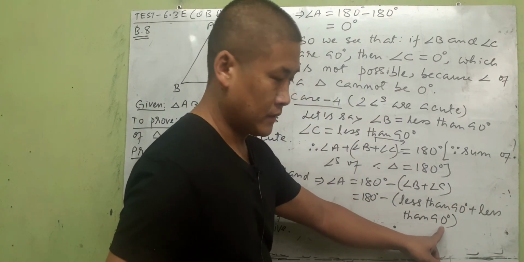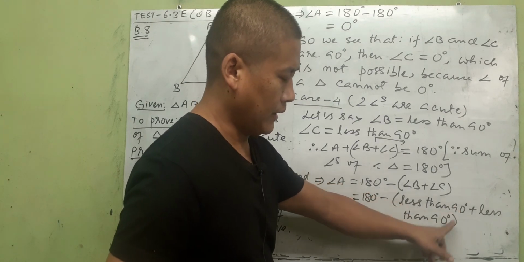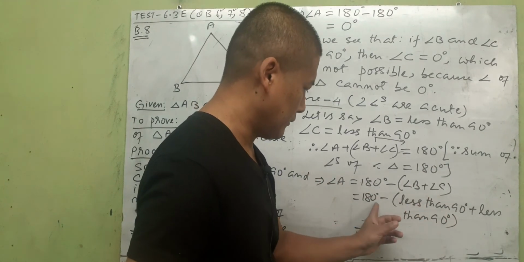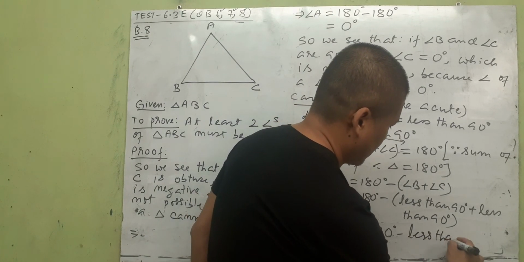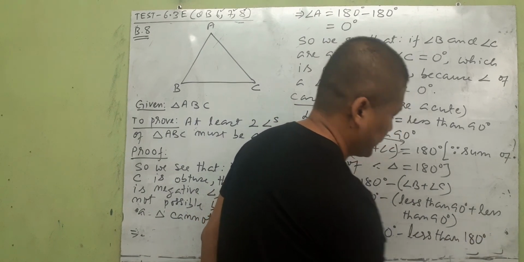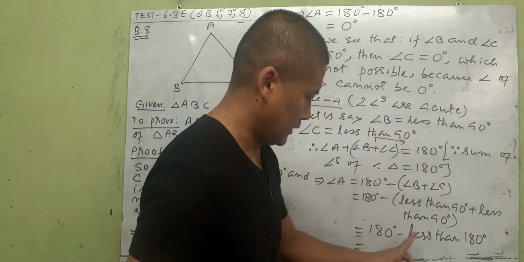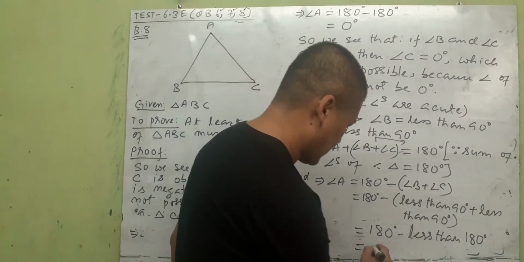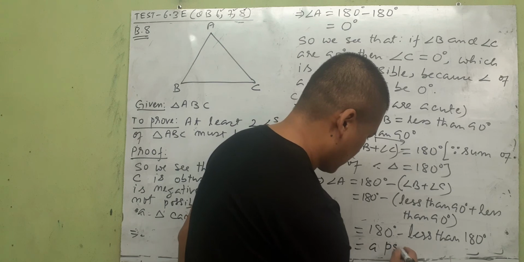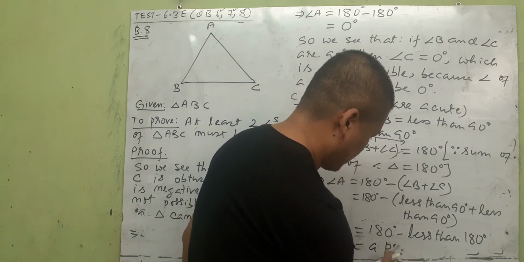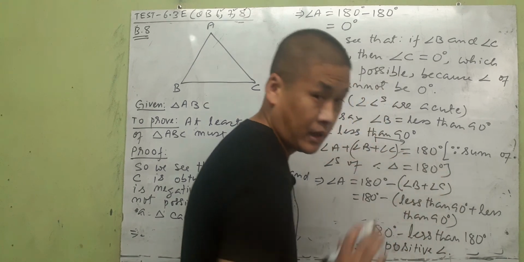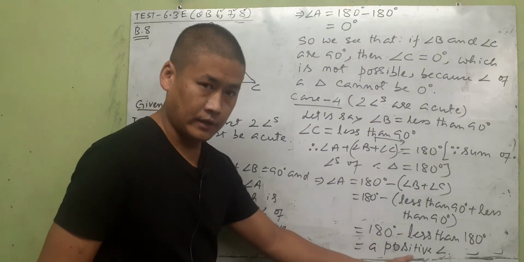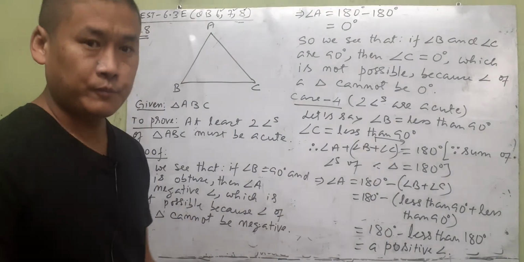Less than 90 means suppose 80 and 80, 160 or anything like that, then B plus C is less than this number. So the total will be less than 180 for sure. So if this is 180 and this is less than 180, the value will be positive. The angle will come out like 20 degree, 30 degree, 40 degree, which is very possible in a triangle, right?